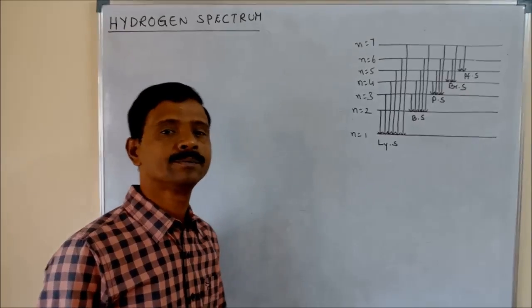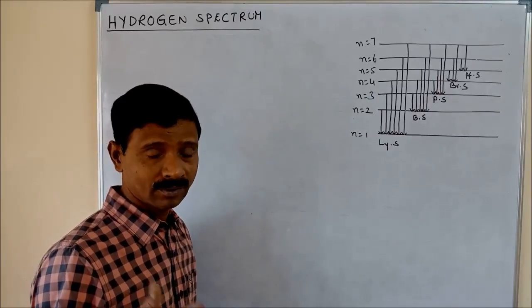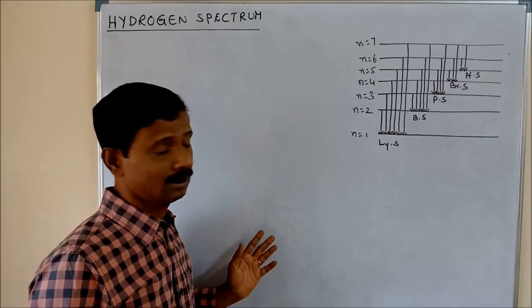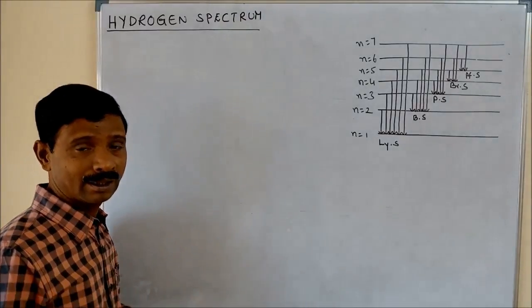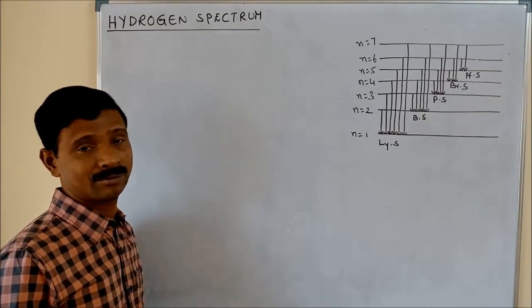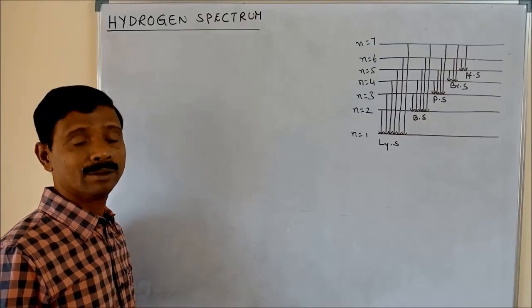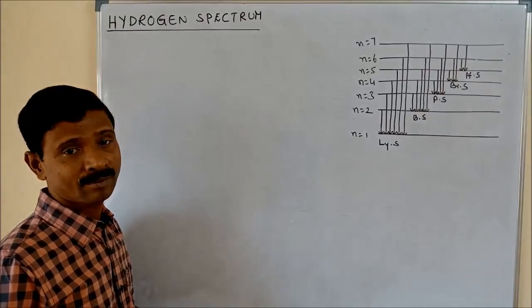Hi students, in the previous class we completed the photoelectric effect, including the calculations, and now another important part in atomic structure, that is nothing but the hydrogen spectrum. So first of all, it is an example of emission and line spectrum.